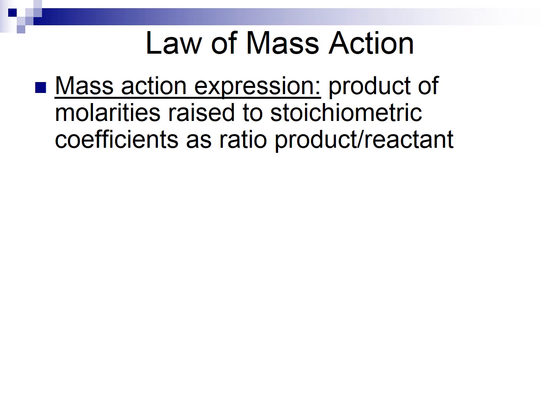If I look at the way that we describe this, we can express an equilibrium by what we call the law of mass action, where the product molarities are raised to the stoichiometric coefficients that are in the equation, as a ratio of product to reactants.